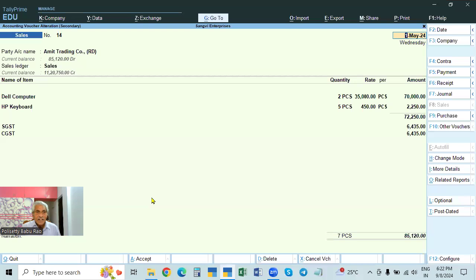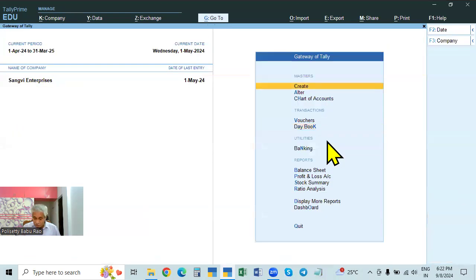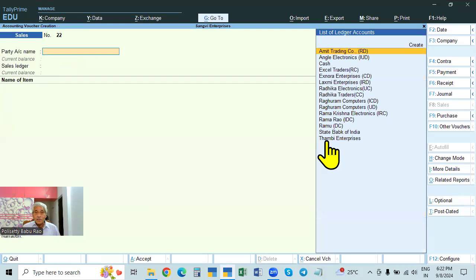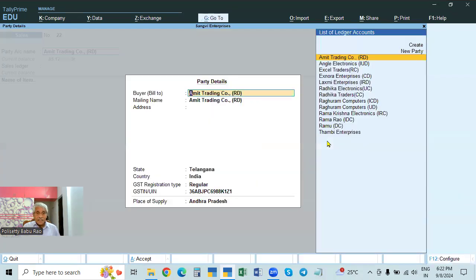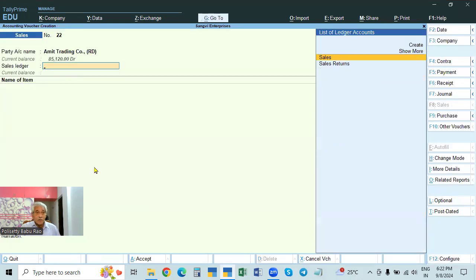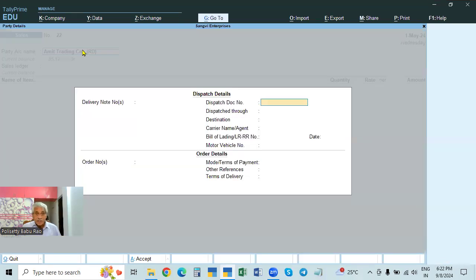So going there, we see the invoice number, date, and the items. Instead of coming back and watching that again, we go to voucher, Amit Trading Company, and here the ledger. For selling goods, we are giving the sales ledger.